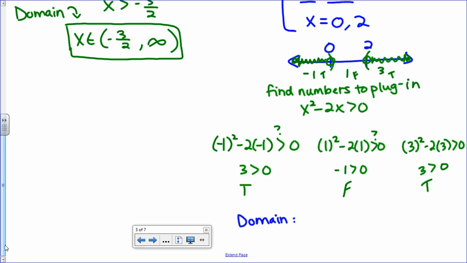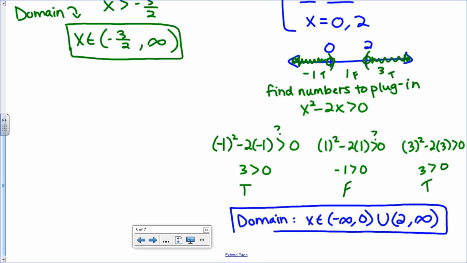And that's -infinity to 0 union 2 to positive infinity. So in order to find the domain of that log function, I had to solve that quadratic inequality.